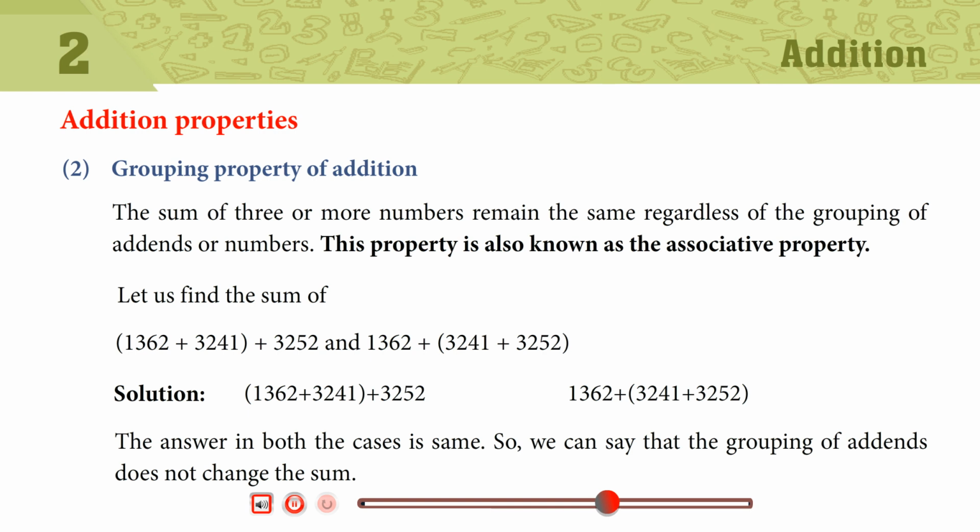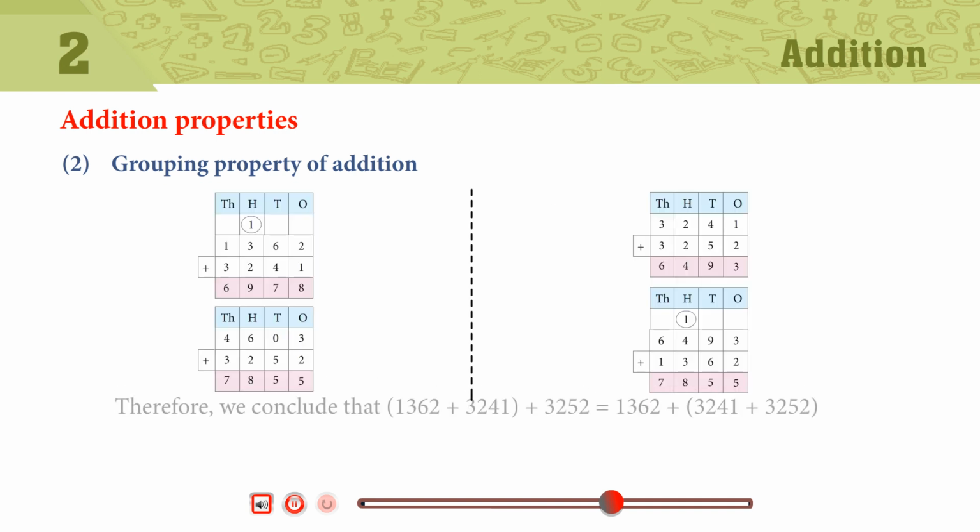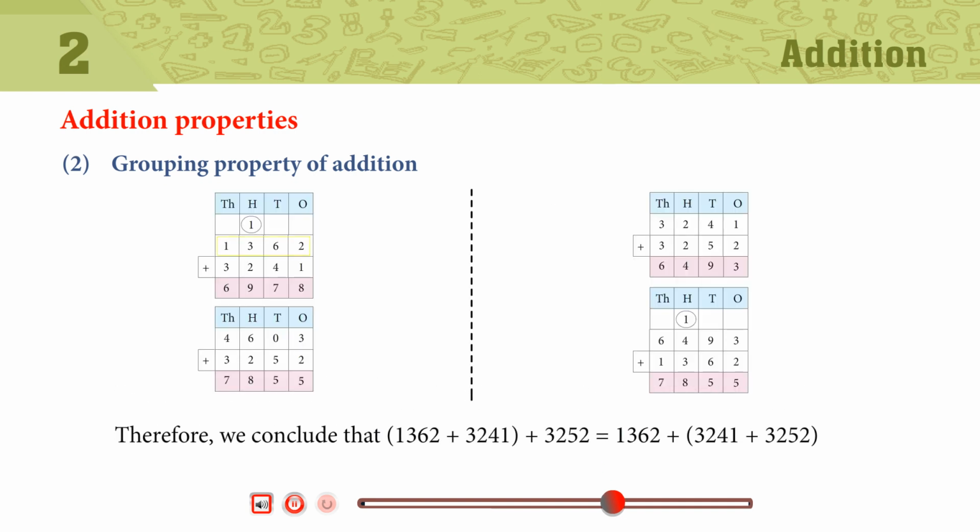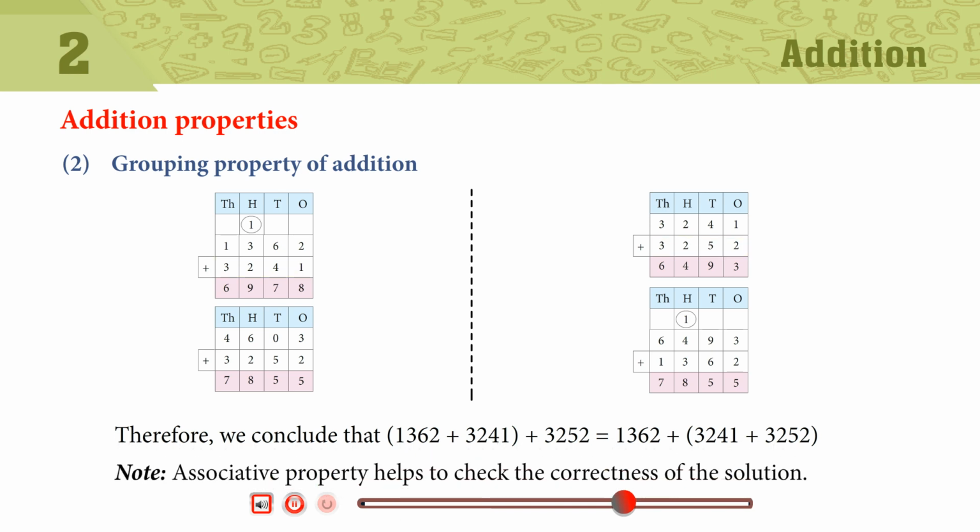The answer in both the cases is the same. So, we can say that the regrouping of addends does not change the sum. Therefore, we conclude that (1,362 plus 3,241) plus 3,252 is equal to 1,362 plus (3,241 plus 3,252). Note, associative property helps to check the correctness of the solution.